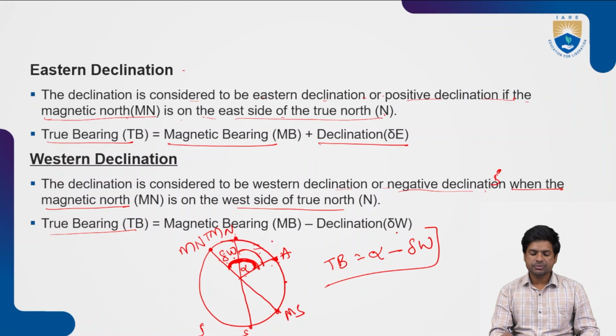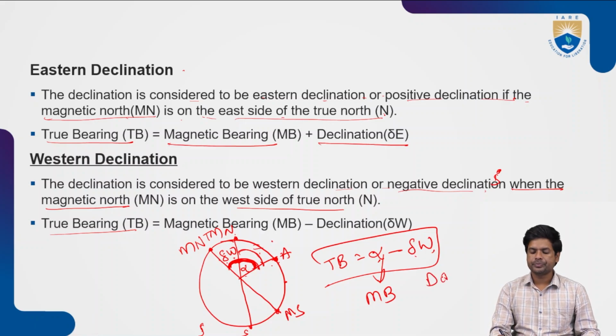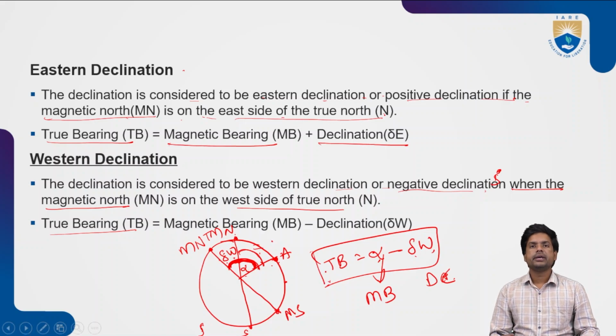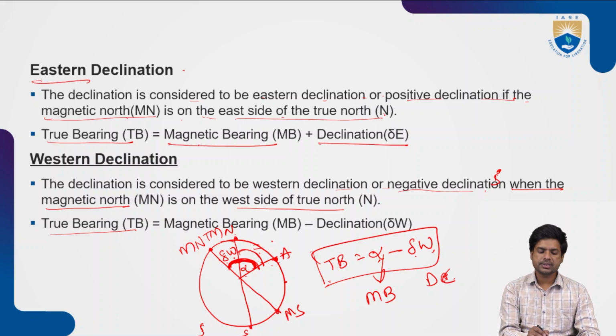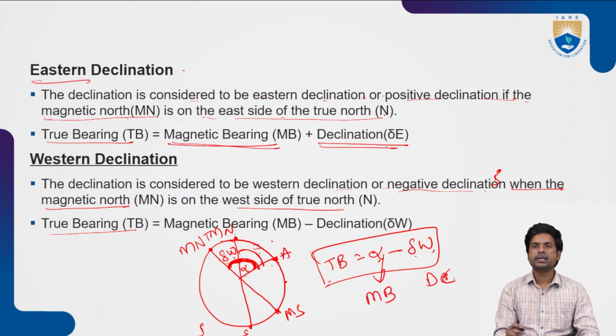Here alpha is the magnetic bearing, and delta W is the declination. Like this we calculate the eastern declination and western declination. If the declination lies towards the east, it is called eastern declination, and the formula to determine the true bearing is magnetic bearing plus declination.